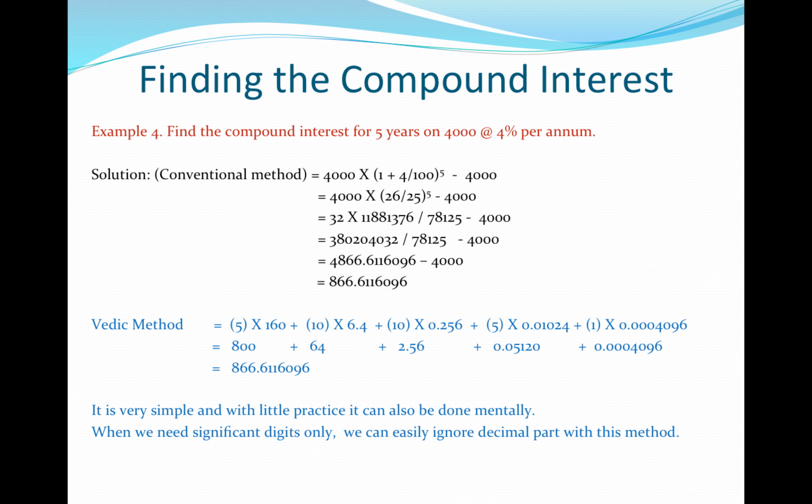Add them up, we got 864 plus 2.56, so 866.56. We got almost the answer with only the first 3 steps. So we don't need to calculate the complete answer. We got the answer in the first 3 steps only. So that is the beauty of Vedic Maths.